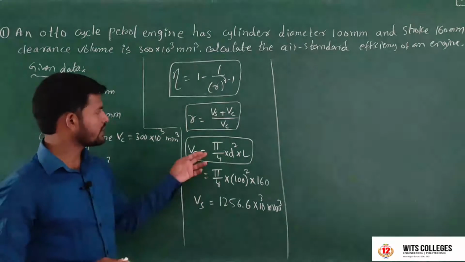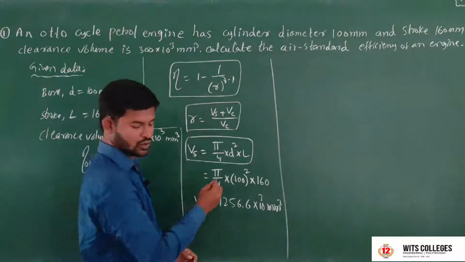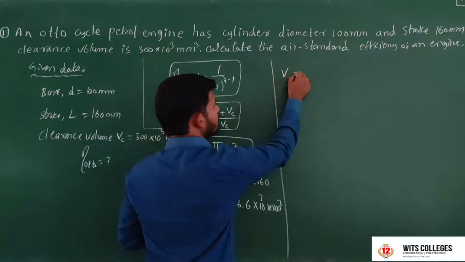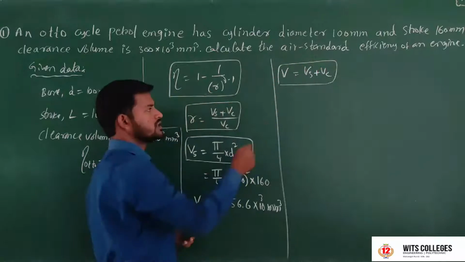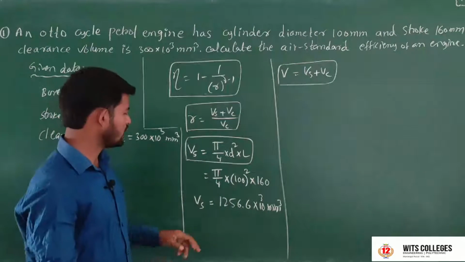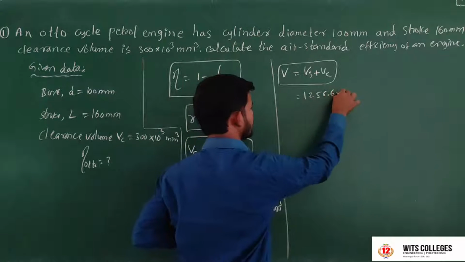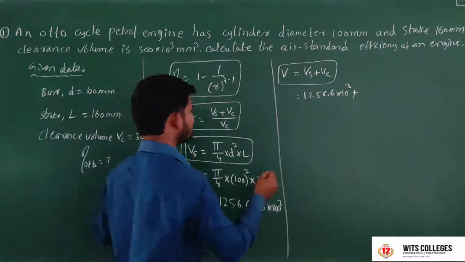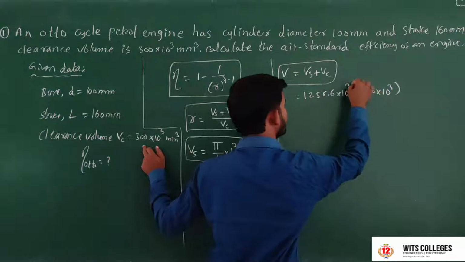Now that we have the stroke volume and clearance volume, first we find the total volume V equals Vs plus Vc. We know Vs is 1256.6 × 10^3 plus Vc, the clearance volume, 300 × 10^3.